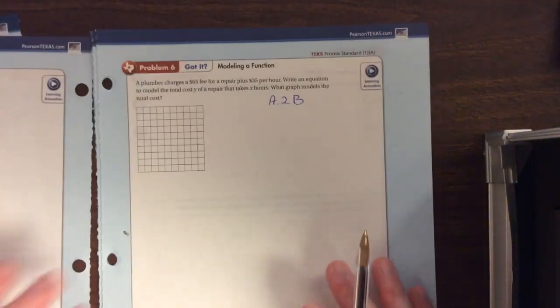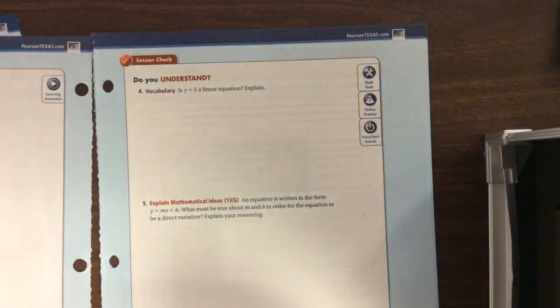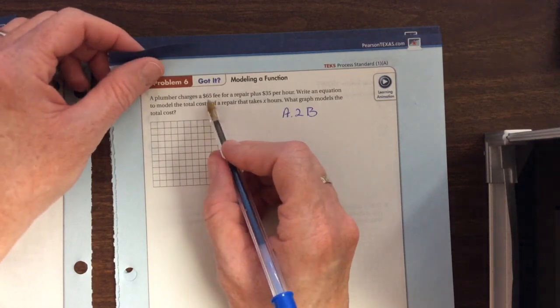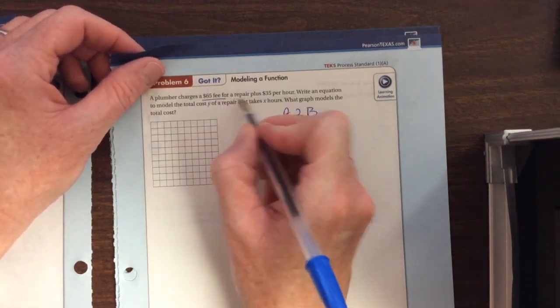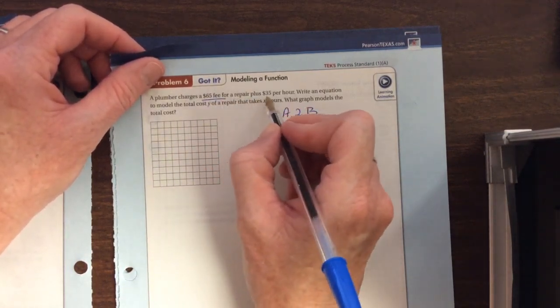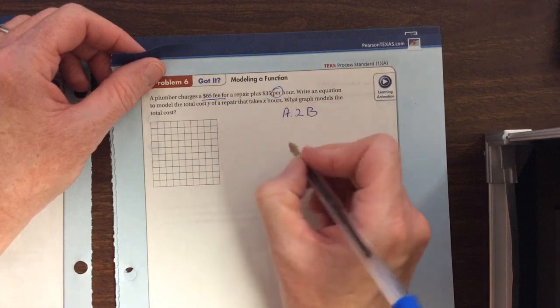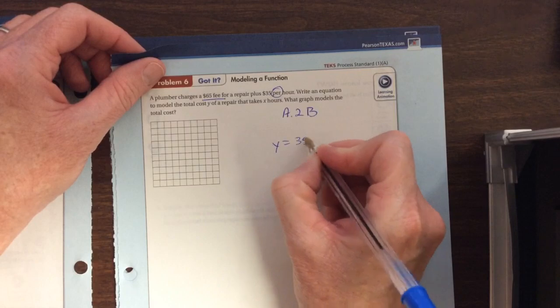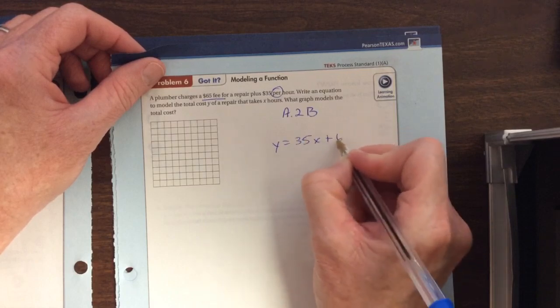So now we are on the next page. So a plumber charges $65 fee for the repair plus $35 per hour. Write an equation. Y equals 35x plus 65.